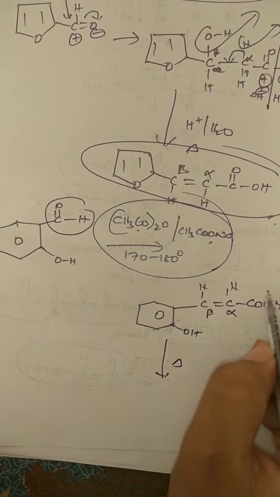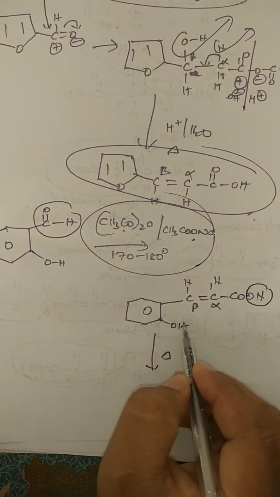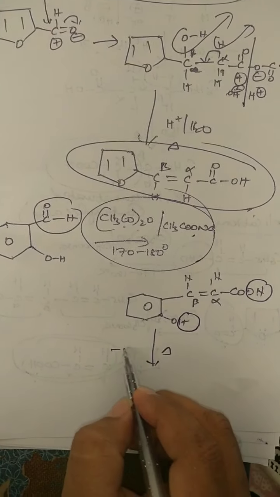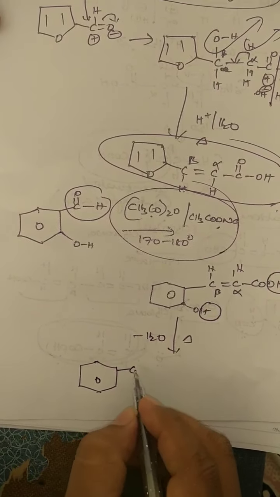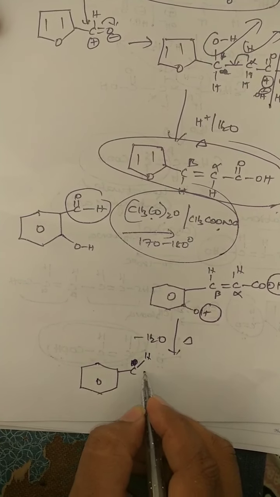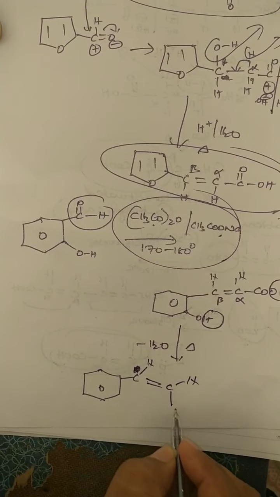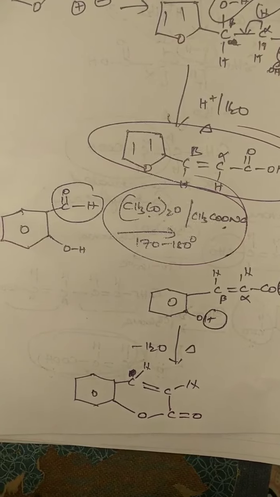So here what happens if you heat this one? Here OH and here H. A water molecule is eliminated, and a very important application, ring closure, takes place. CH, CH double bond CH, C double bond O, and here O. So this type of compound you will get.